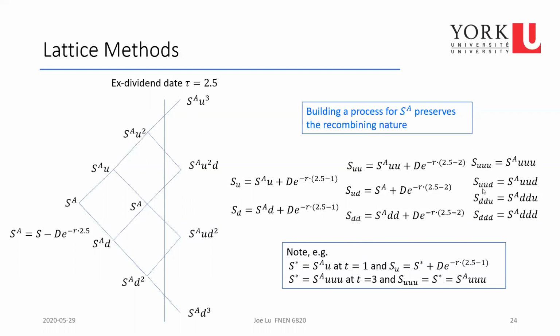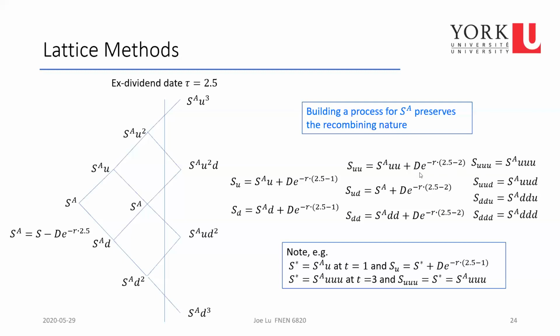And here, because you paid the dividend already, your stock price here, when you calculate it, is just SA times U to the power 3. Because you will add this 2.5 minus 2.5.